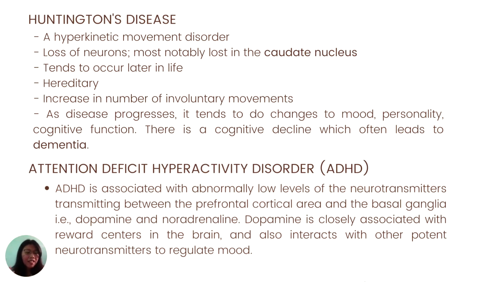And as the disease progresses, it tends to do changes to mood, personality, cognitive function, which is kung yung ability natin to learn. So there is a cognitive decline na nagli-lead siya sa dementia.